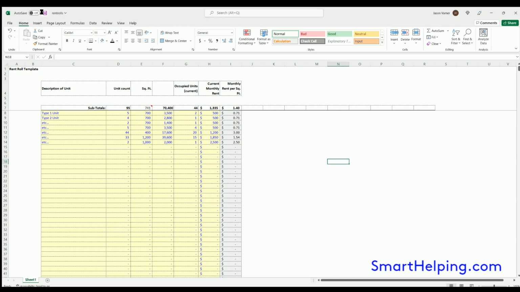So hopefully that helps you as you can see how I'm calculating and errors I make. So now let's go $1.40 per square foot times total square feet. This is 98,000. Now is that the same as monthly rent times their units? No, it's closer. Let's see. So monthly rent divided by square foot is the rent per square feet.